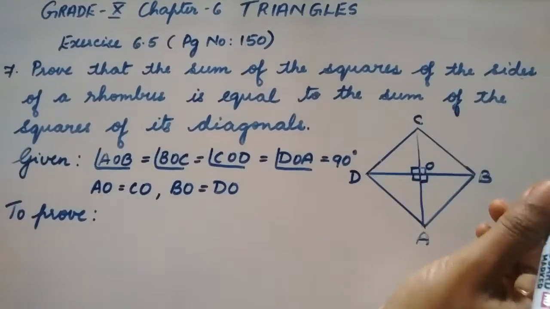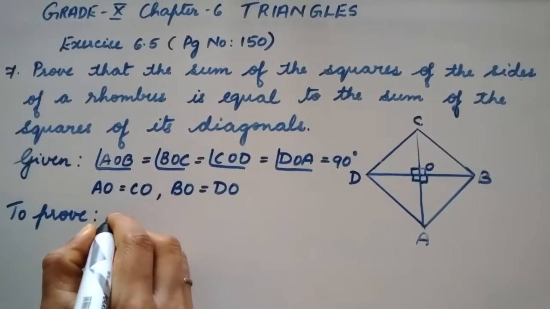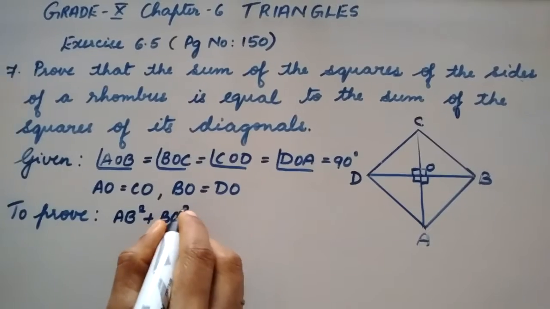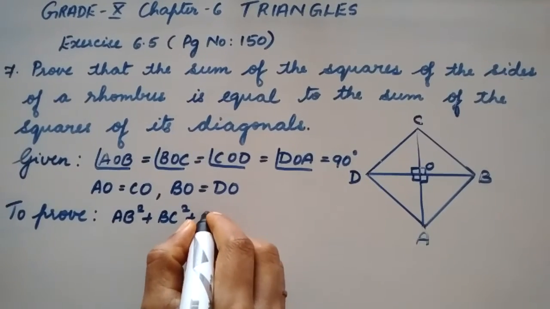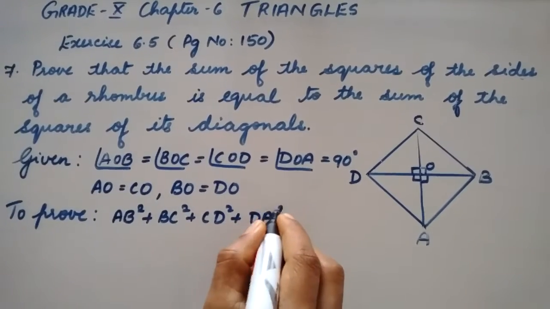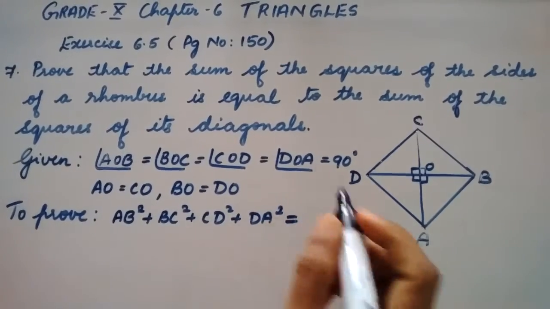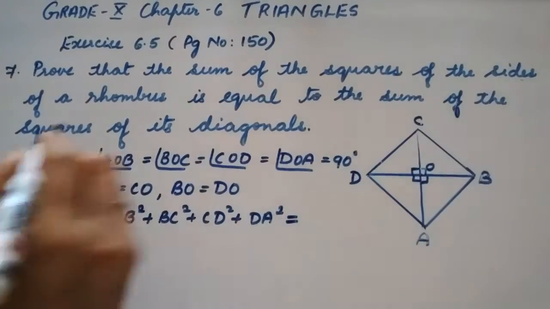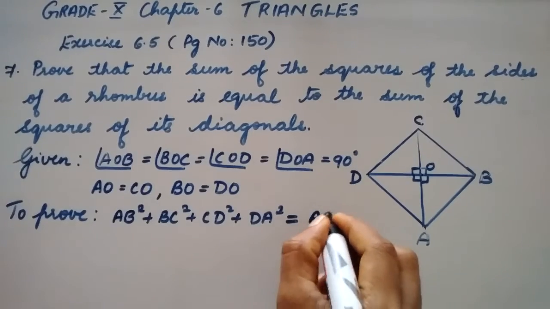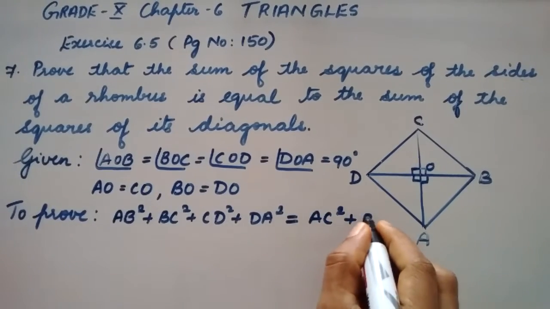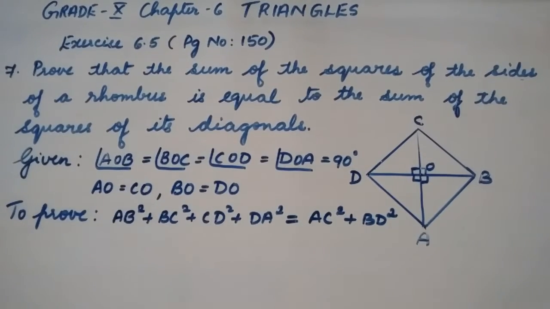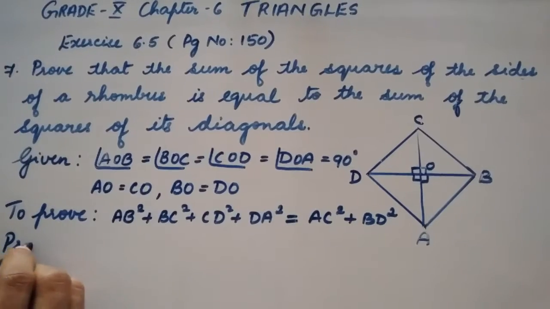So the sum of the squares of the sides means AB square plus BC square plus CD square plus DA square is equal to the sum of the squares of its diagonals. Which are the diagonals here? AC square plus BD square. So we need to prove this. Let us move to the proof.